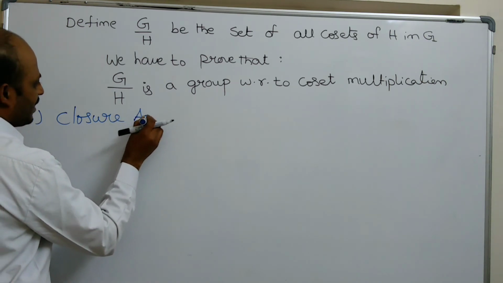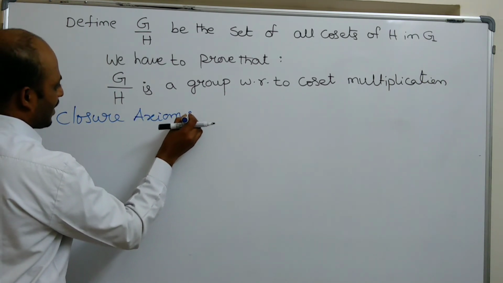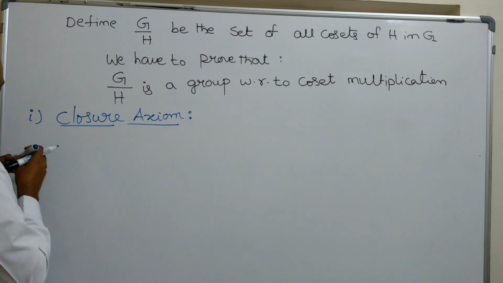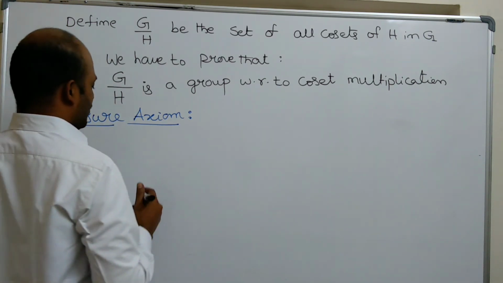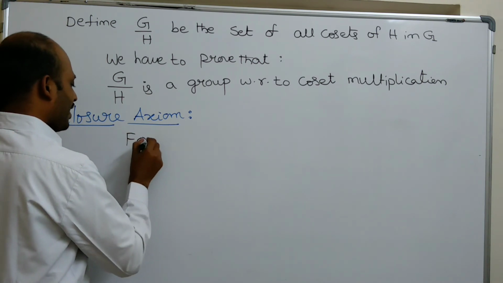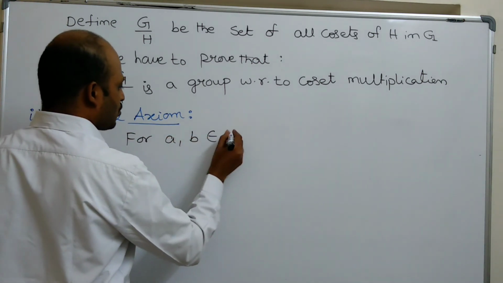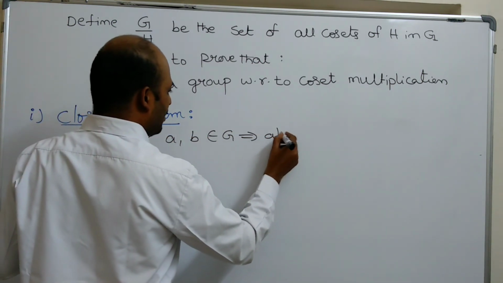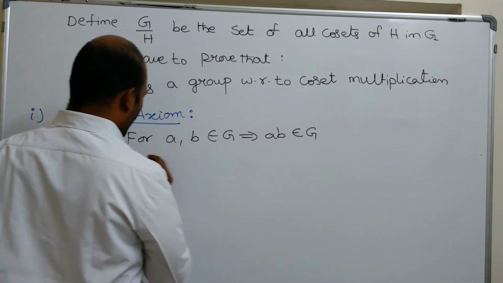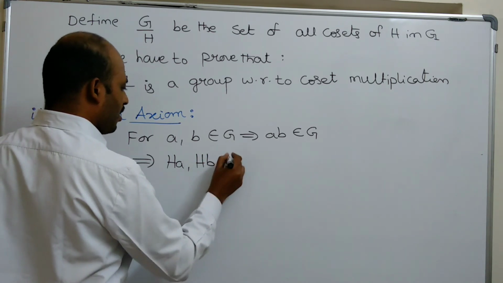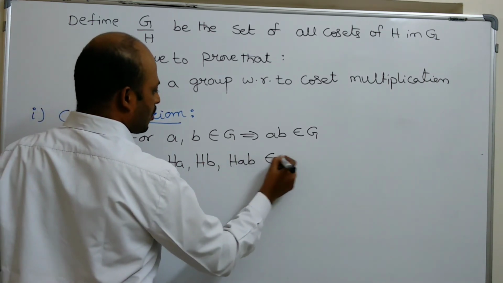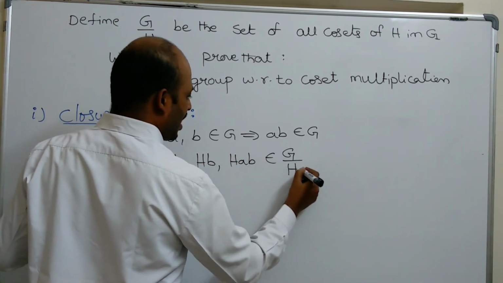It is very trivial. By coset multiplication itself, the closure axiom is satisfied. So for A, B belongs to G implies AB belongs to G, which implies HA, HB, HAB belong to G by H. They are cosets.